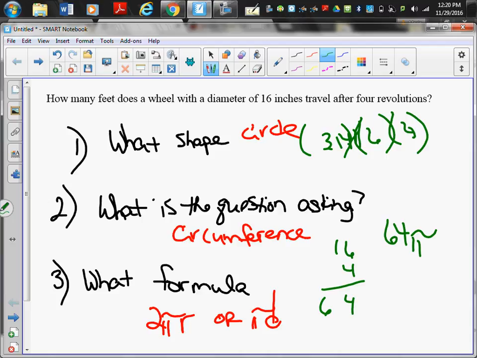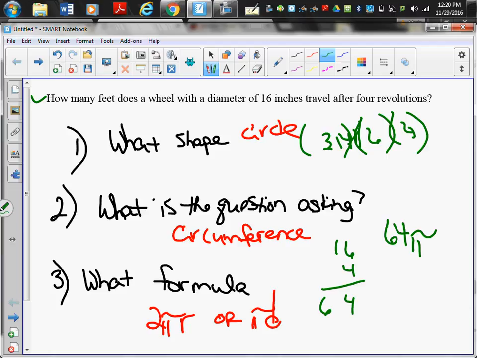All right. So when you're working your assignment tonight, you have the question. Write the question. And then you'll write 1. What shape? And then answer it. 2. What's the question asking?